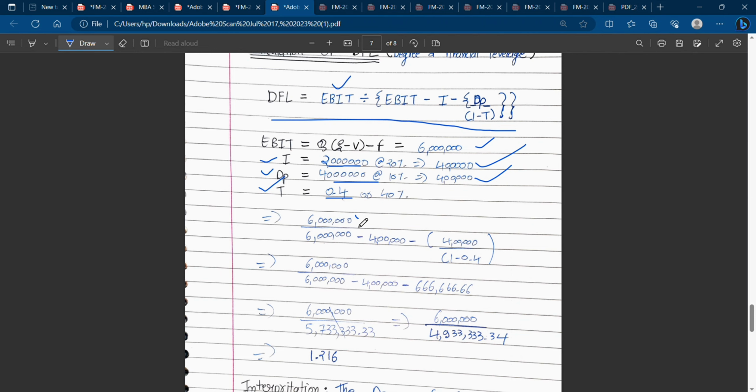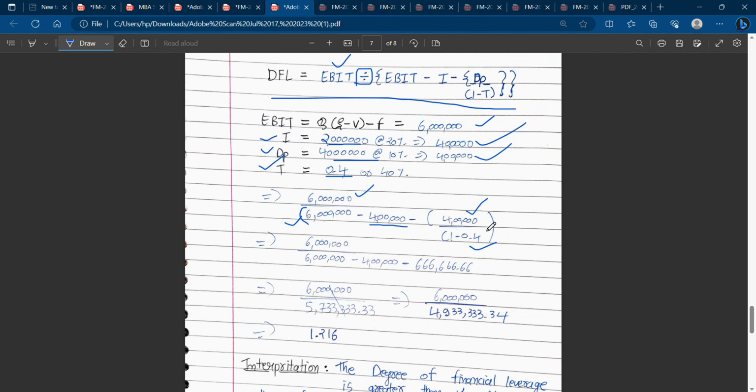So we'll put the values in the formula. Here EBIT is 6 lakh, divided by EBIT minus the interest we calculated, 4 lakh, minus the dividend payment, 4 lakh, divided by 1 minus the tax rate.